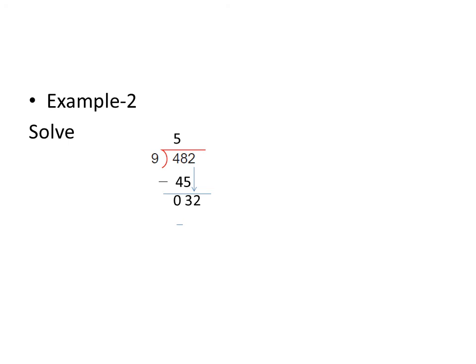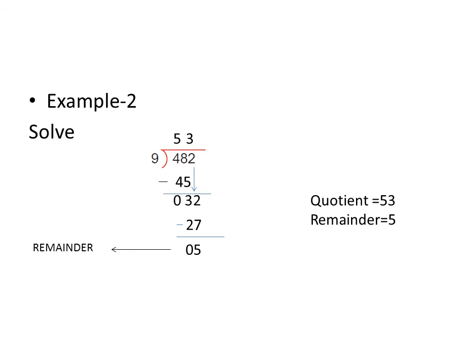Then which number is just less than 32? That is 27. Write 27 here and 3 above the line as shown. Now subtract it. You will get 5. This is your remainder. Now your quotient is 53 and remainder is 5.